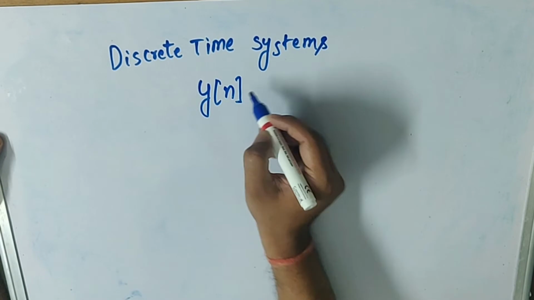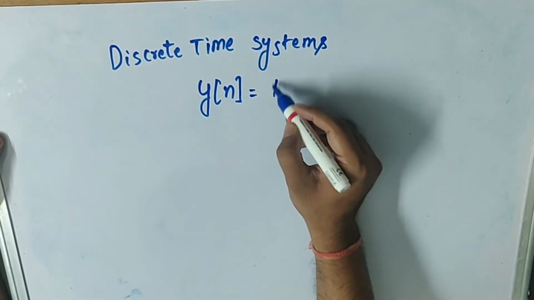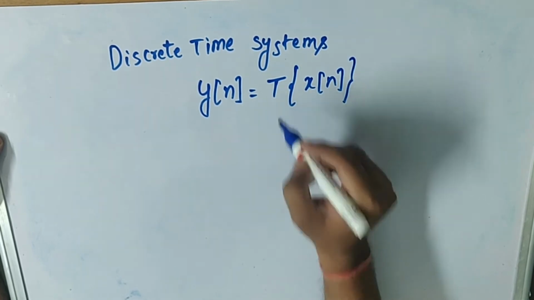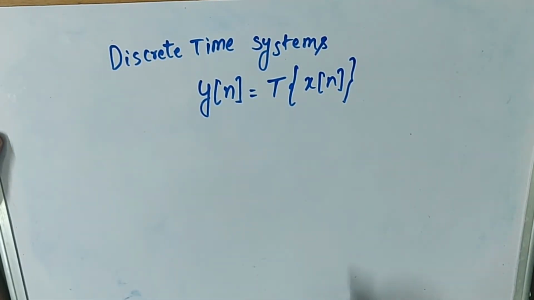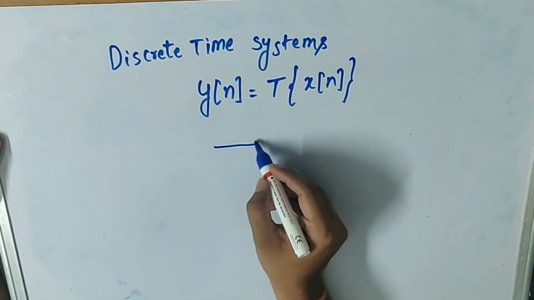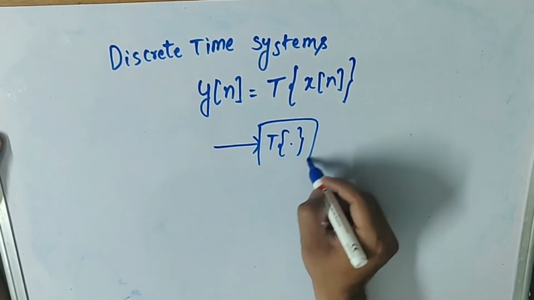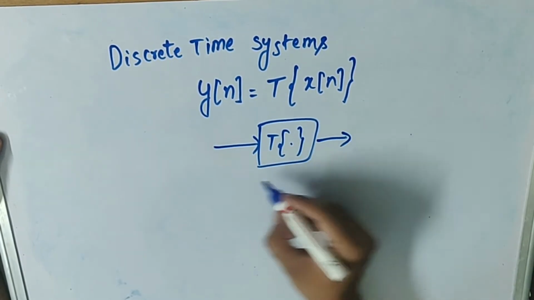This is specific to discrete time systems, where T can be any function. As an example, it can be a scaling, it can be a delay. So if I have to represent it on a block diagram, it will be something like this.